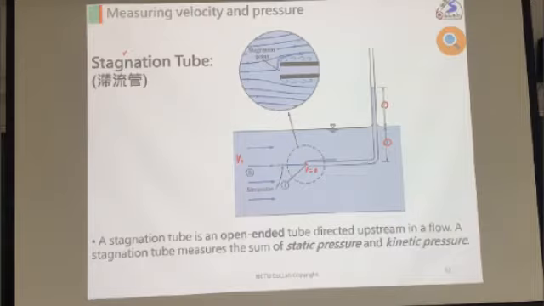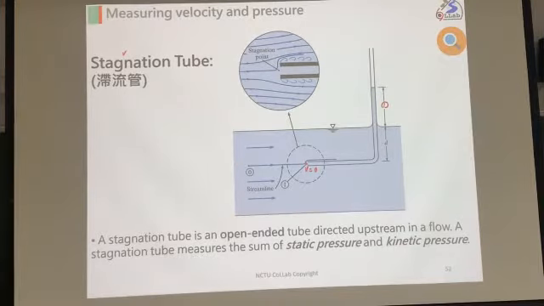So we know the velocity here is 0, and because we put the tube into the water or liquid, we can observe some rising height in the tube. So can we answer the velocity for this problem?